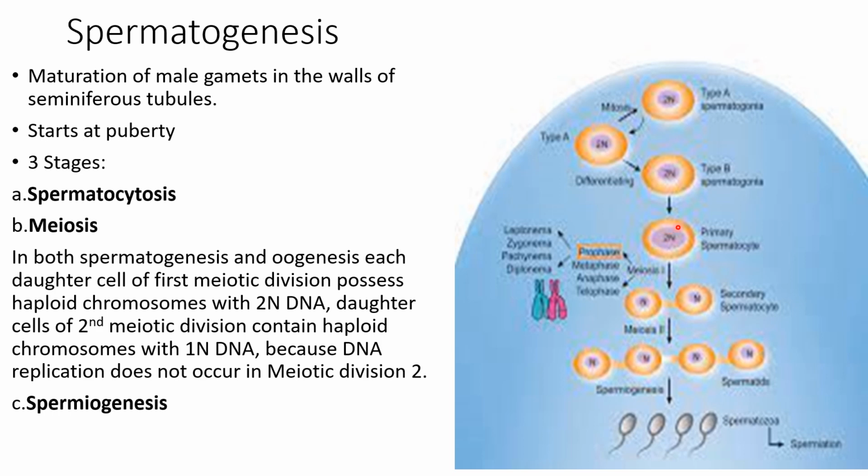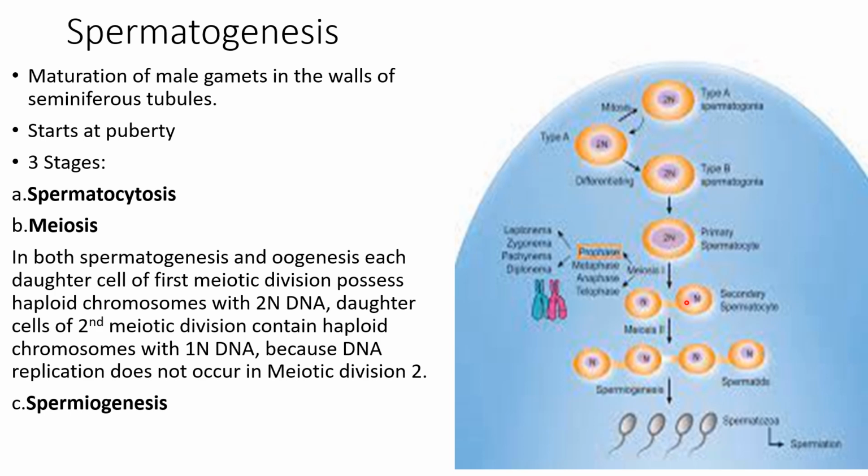The primary spermatocyte will undergo the first meiotic division, that is the reduction division, and give rise to two secondary spermatocytes which have a haploid number of chromosomes, meaning they have 22 autosomes and either an X or a Y chromosome.